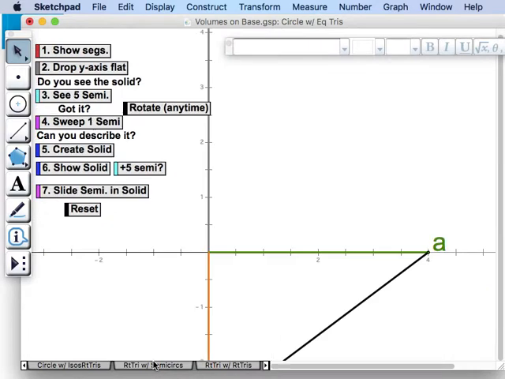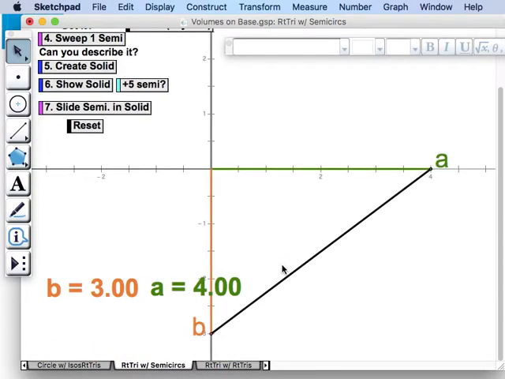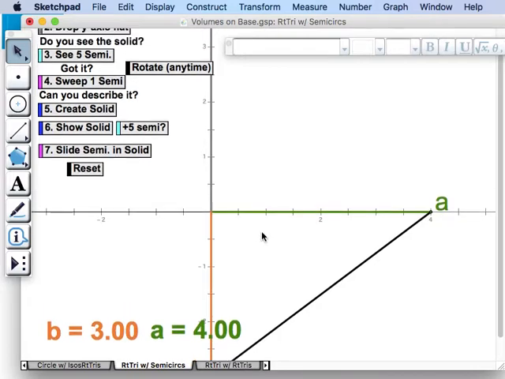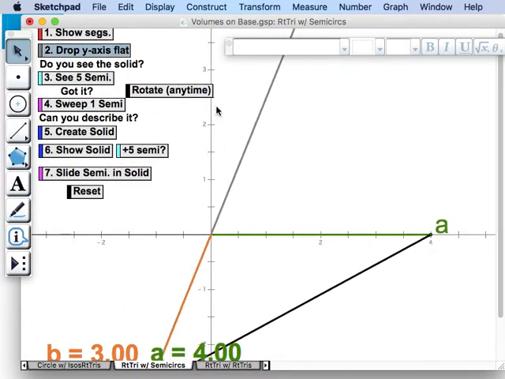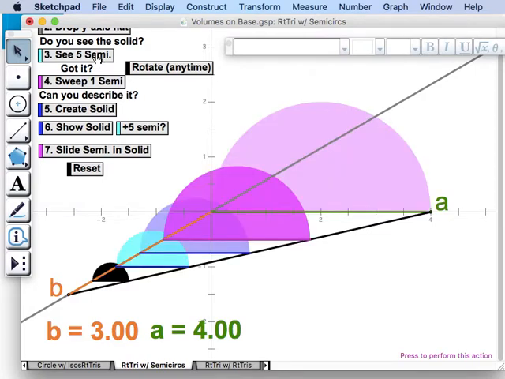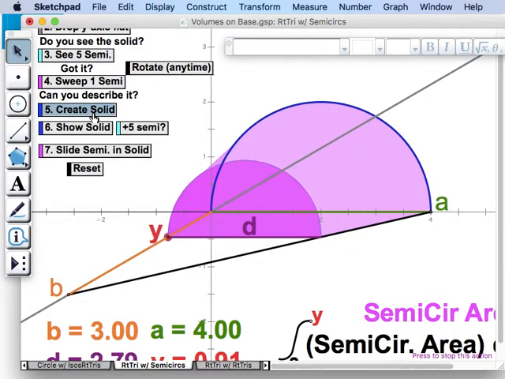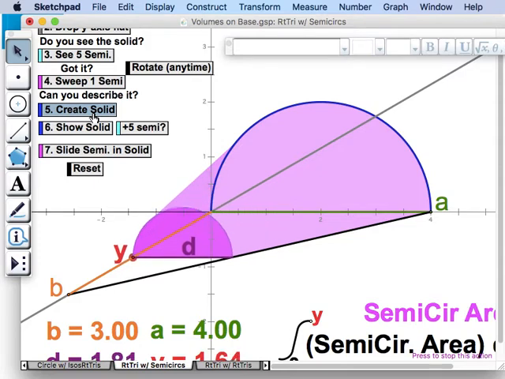Okay, so let's change the base now. Instead of using a circle as a base, we'll use a right triangle as a base, and we'll stack some semicircles on top of that thing. So we get the 3D thing going on again. That's what you'd get. And then if you create the solid, it basically just stacks a bunch of semicircles there, but what's changing is the size of the semicircles.